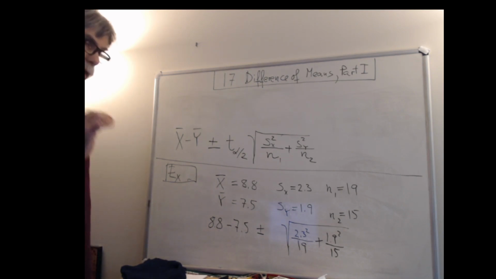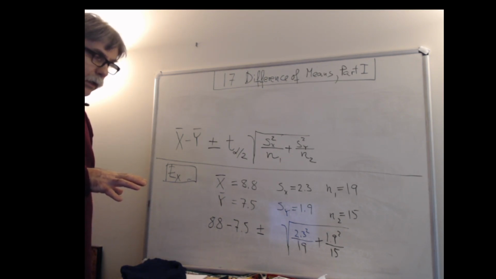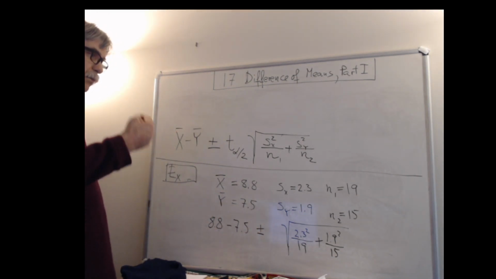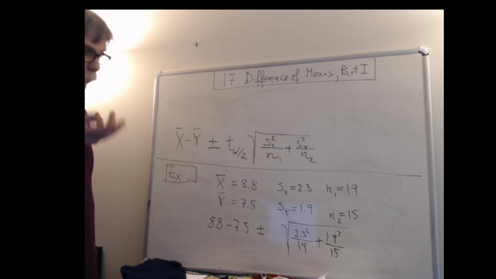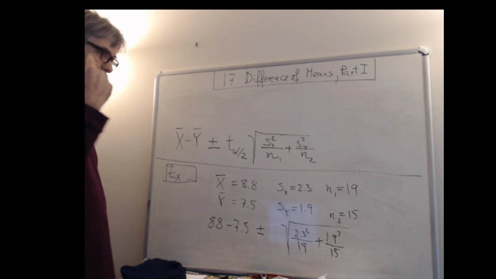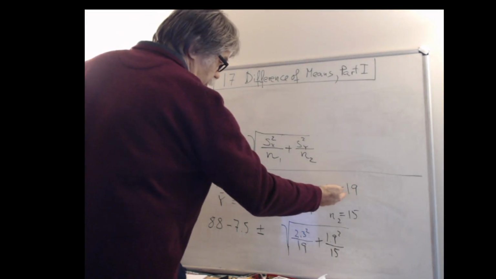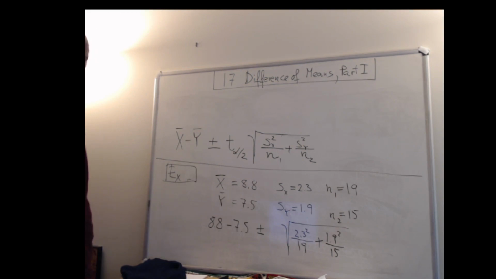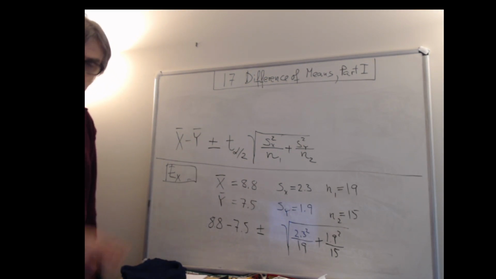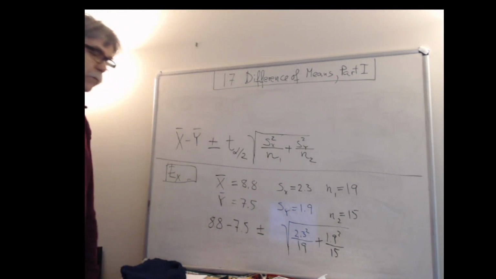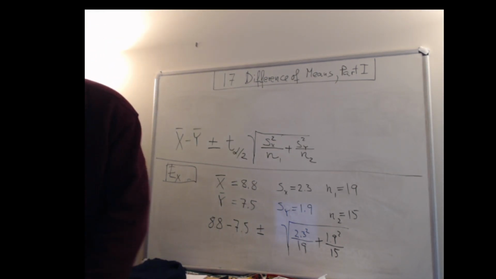So again, if you are going to use a critical value here, the critical value will be depending, of course, on the confidence. We're going to use 90% confidence, but also depends on degrees of freedom. So you're going to be looking at degrees of freedom here, which is 18, degrees of freedom here, which is 14, and you're going to use the smaller one. You got to remember that. So now I'm using 14 degrees of freedom, 90% confidence.